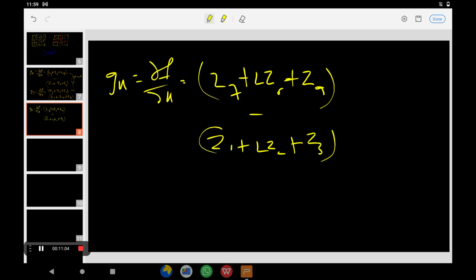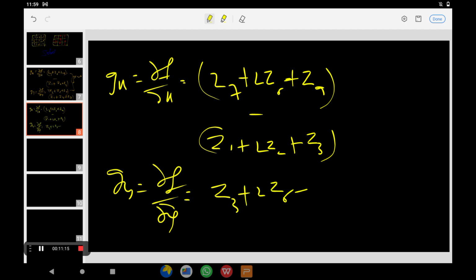So this is for the x direction. At the same time, Gy is equal to dou f by dou y, for the y direction columns: Z3 plus 2Z6 plus Z9 minus Z1 plus 2Z4 plus Z7.